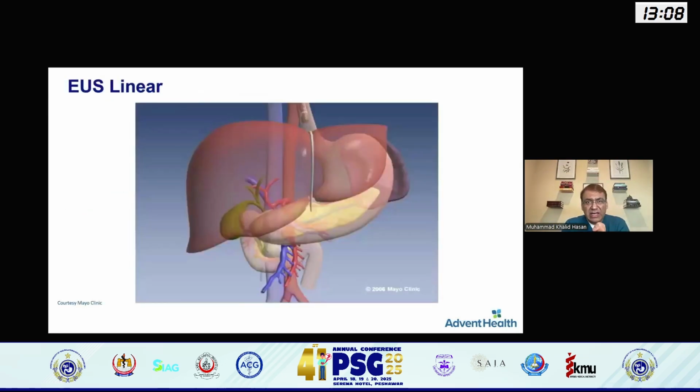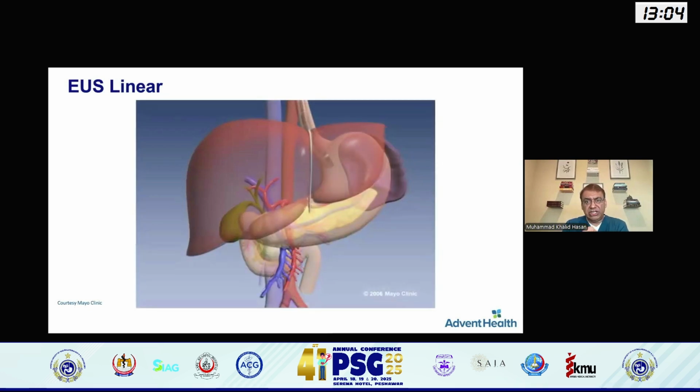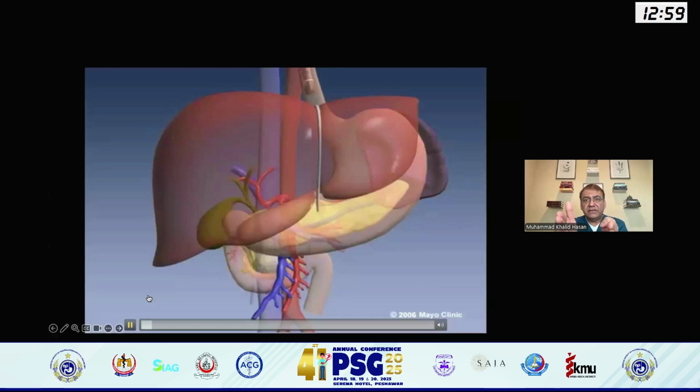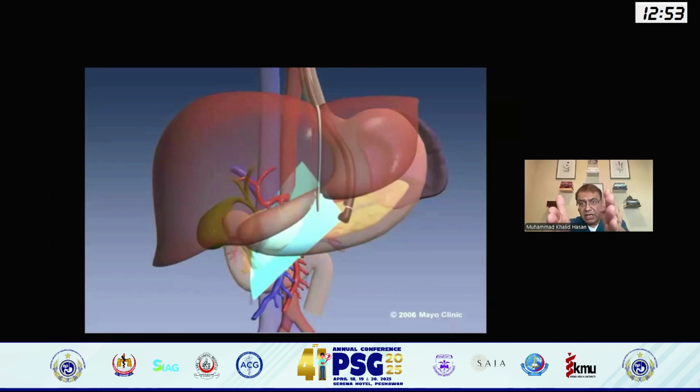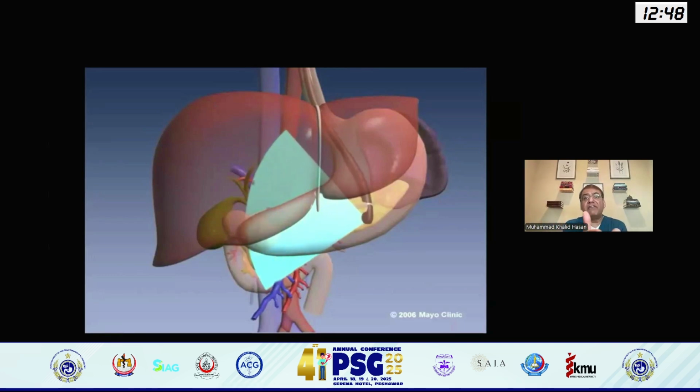To give you a little schematic idea, when you put the scope below the GE junction, these are the ultrasonic rays you are looking at. If the scope is coming into the stomach, that's your area of examination.